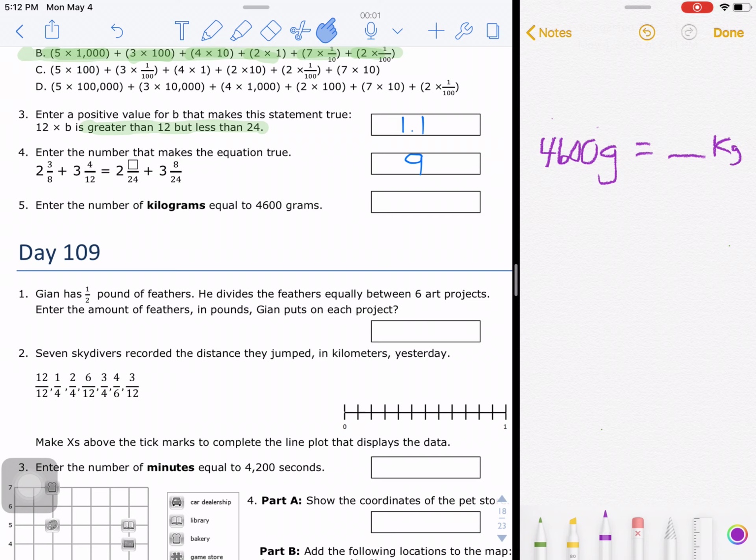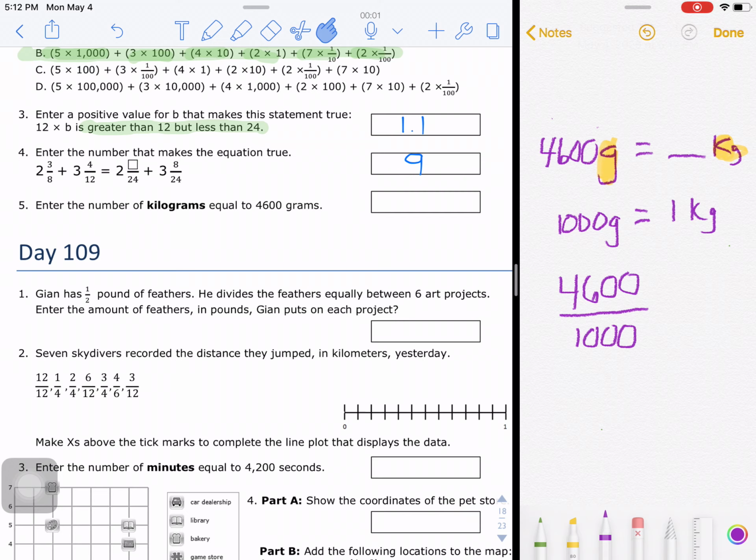I know that 1,000 grams is equal to 1 kilogram. Again, I'm going from a smaller unit to a larger unit, and when I do that, I'm going to be dividing. So I'm going to take 4,600, I'm going to write it differently, divided by 1,000.